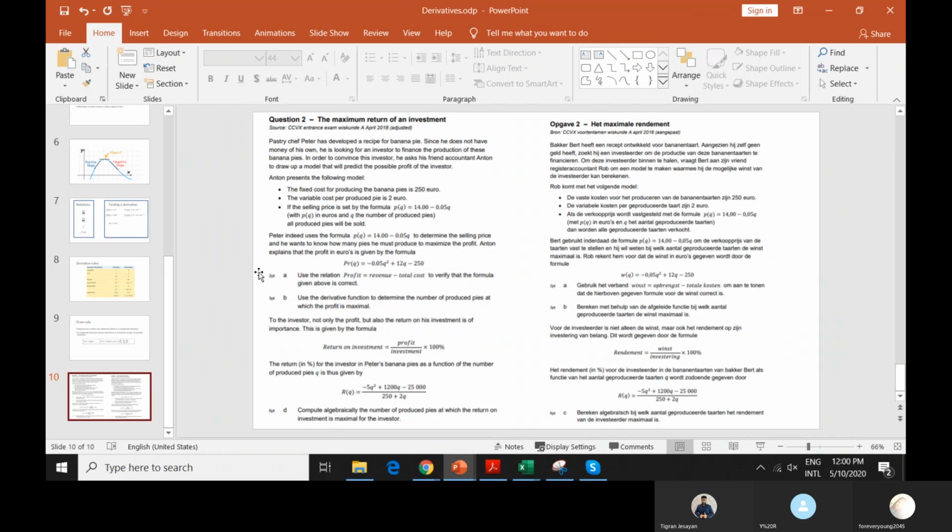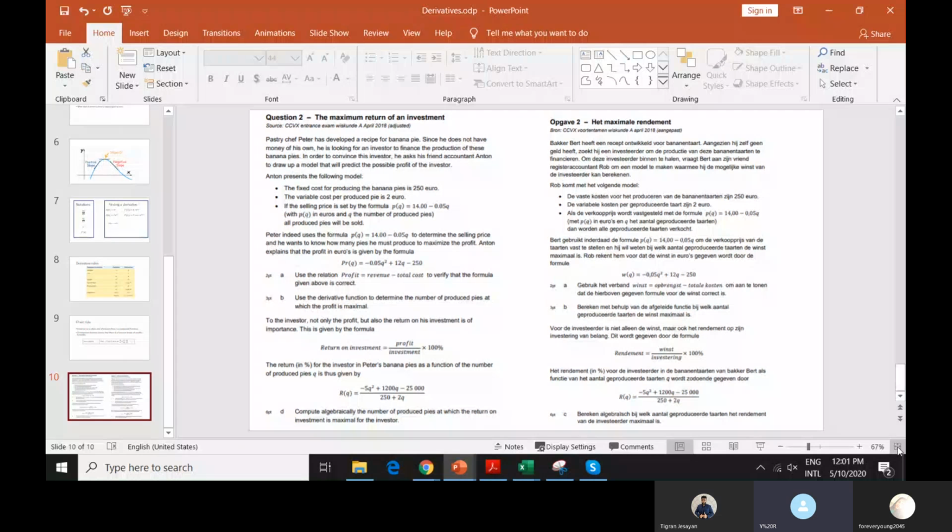I copied both English and Dutch terms. This is where you have to use some derivative. This is problem 2 from one of the example questions, so let's solve this together.